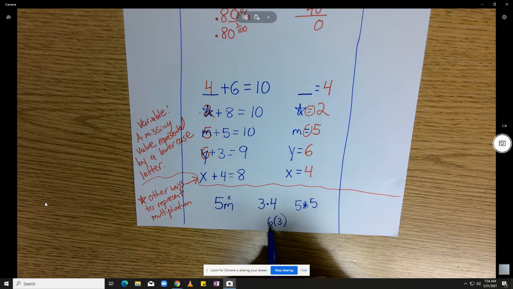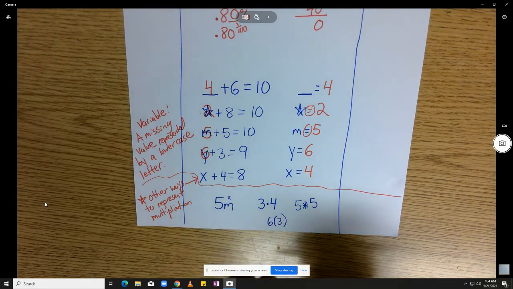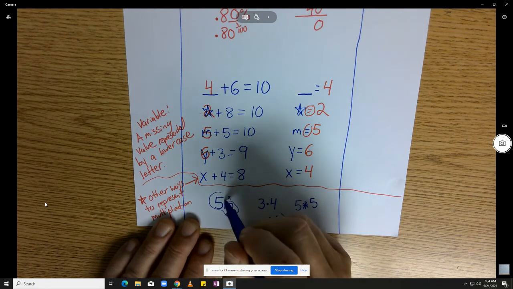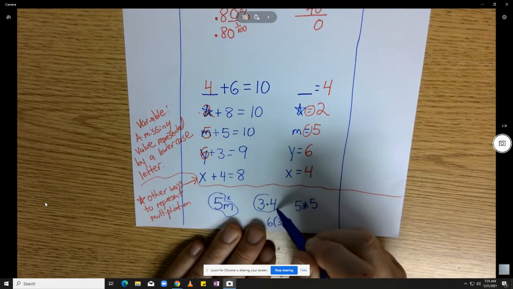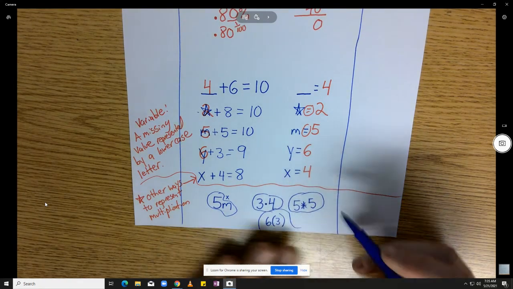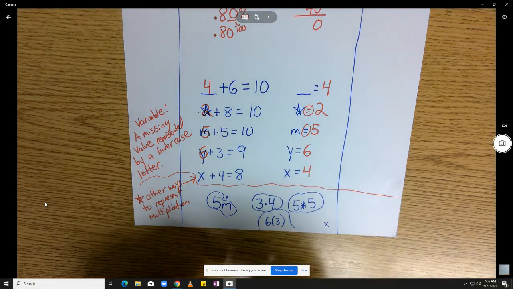It is 6 times 3. So if you have parentheses and a 6 outside of it, that also means multiplication. So these are all ways that middle school will show you how to multiply without using the X.